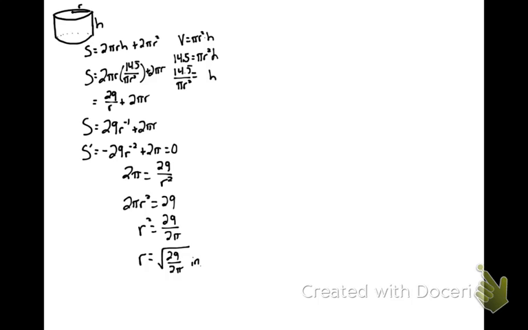Now that I know the radius, I can go back and figure out what the height of the can must be to hold the desired volume. So the height is 14.5 divided by pi r squared. We just figured out what we want the radius to be, the square root of 29 over 2 pi, and that whole thing will be squared.